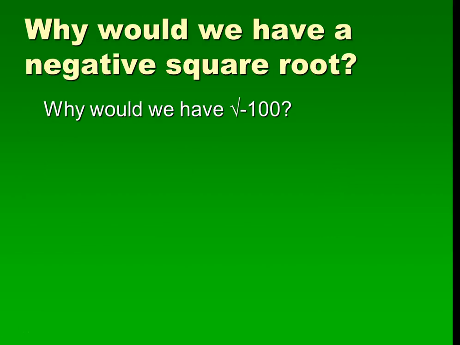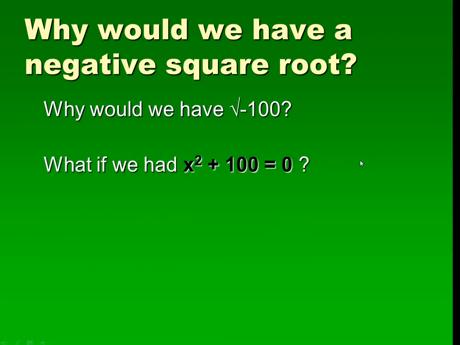All right, now that we're back, why would you ever have square root of negative 100? Well, let's do a little quickie here. What if we had x squared plus 100 equals 0? That doesn't look too bad, does it? Some engineer's working, and this is what he gets. But when we move the 100 to the other side, it becomes negative, doesn't it?